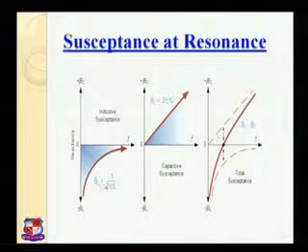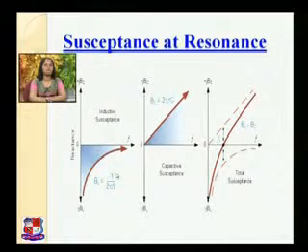Susceptance BL is equal to minus 1 upon 2 pi FL. So it indicates that inductive susceptance is inversely proportional to the frequency. So it is like this inverse curve.